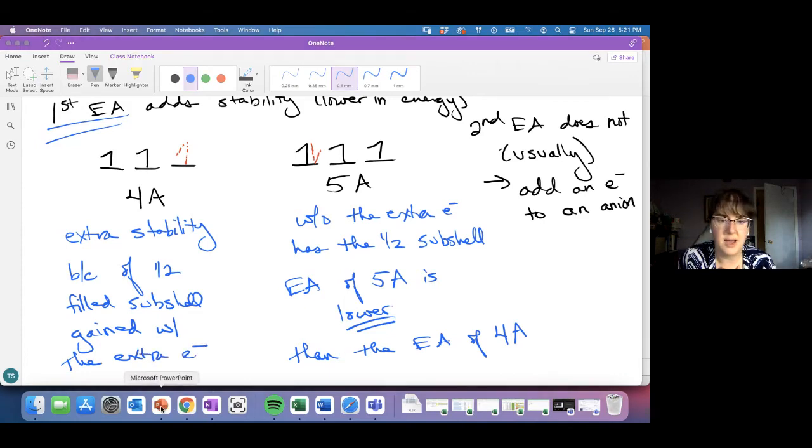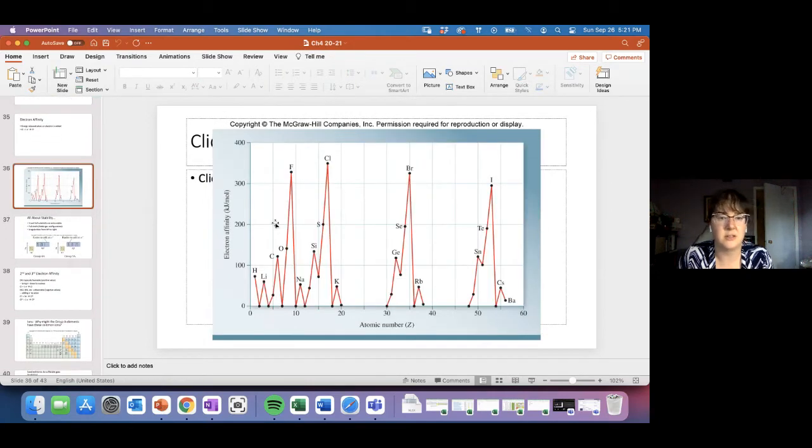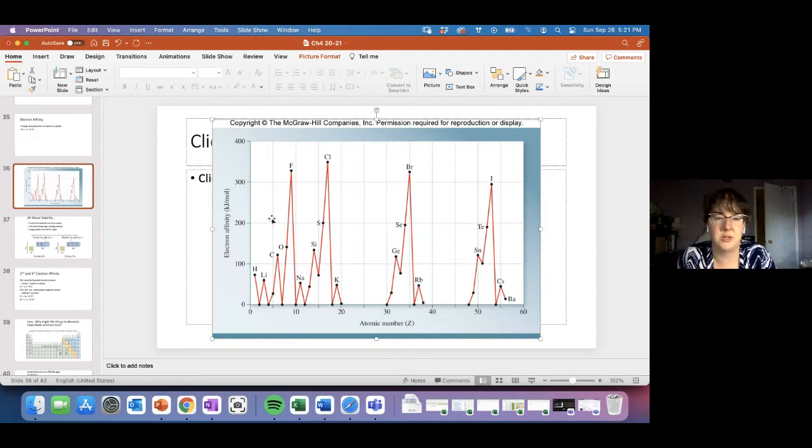So grabbing the graph, which is not nearly as pretty as the other graph. It's not its fault. It just isn't as pretty of a trend.